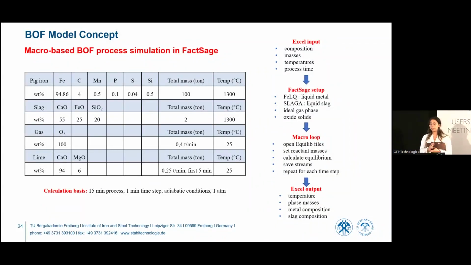And this is why macro processing is a central part of this model. Without the macro, every step would have to be done manually. And with the macro, the process becomes automatic. The output includes temperature and chemical composition. The calculation basis was a 50-minute process, with a 1-minute time step, under adiabatic conditions and 1 atmosphere.